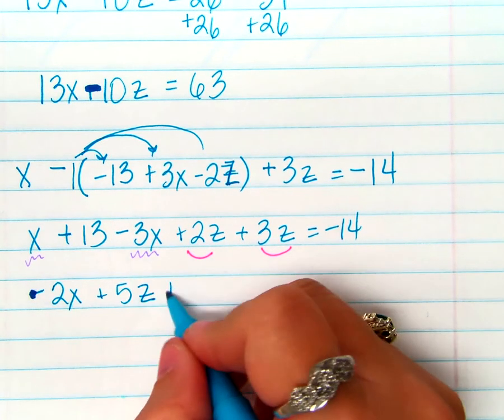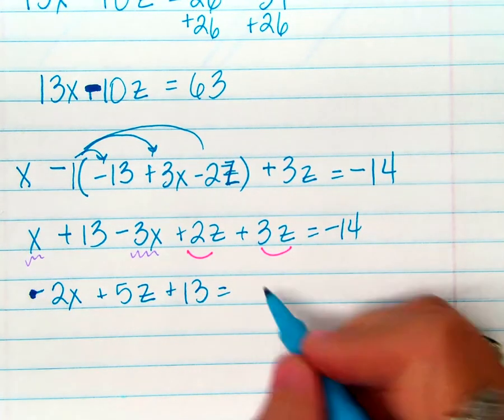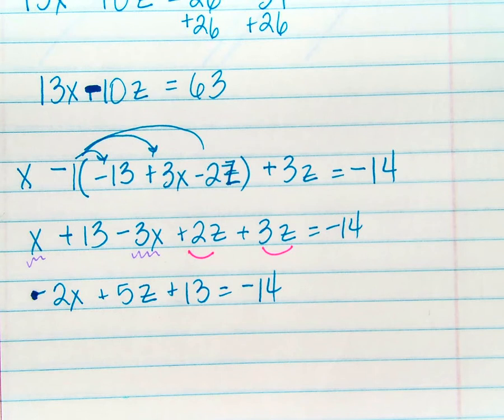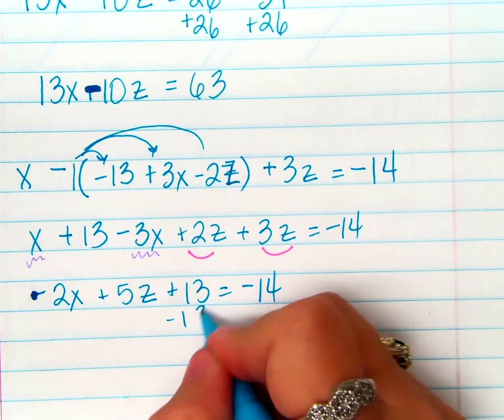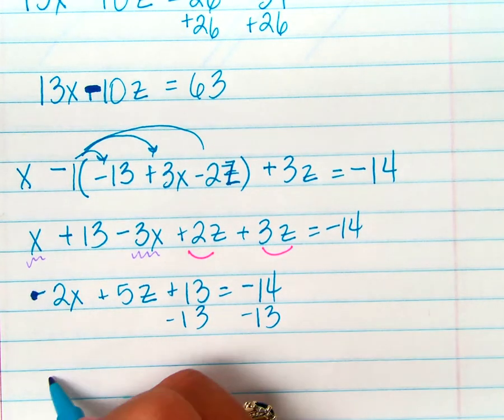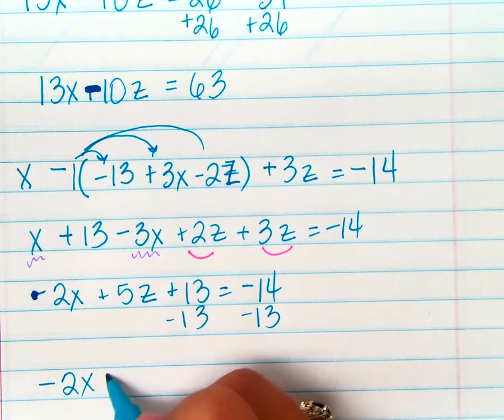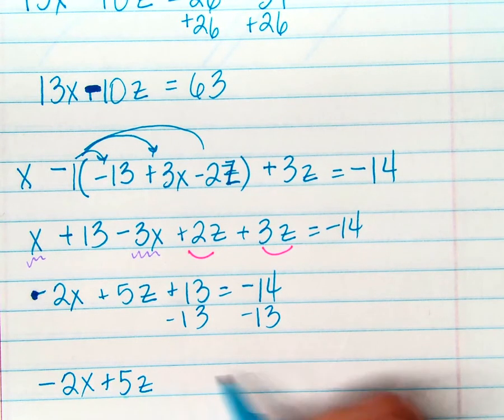And then I've got 13 equals negative 14. What should I do? Good. Subtract 13 from both sides. So I get negative 2x plus 5z equals negative 27.